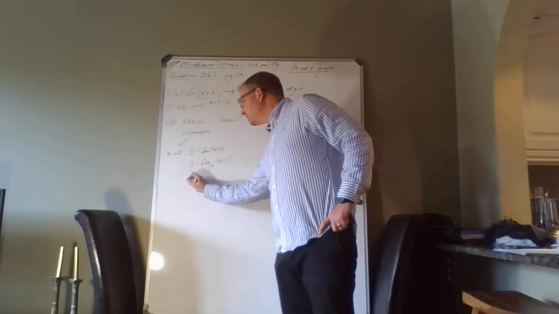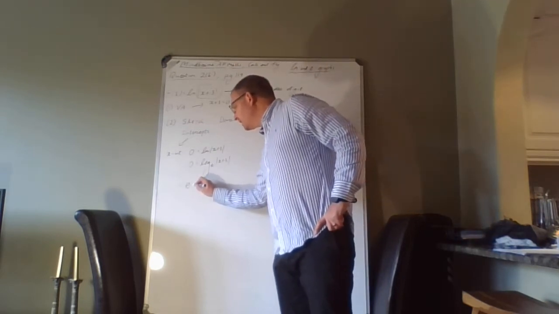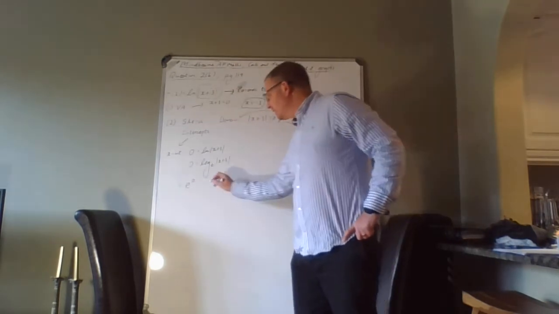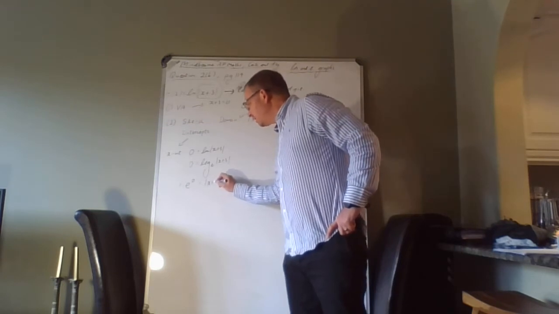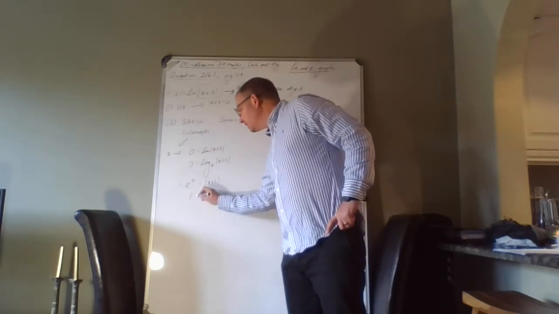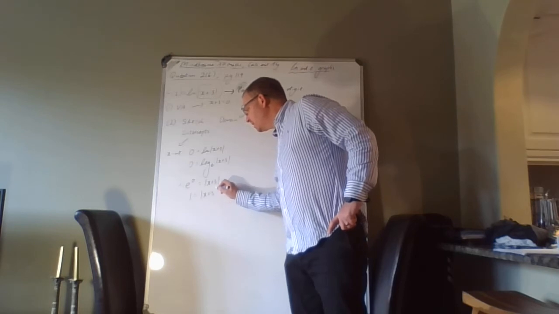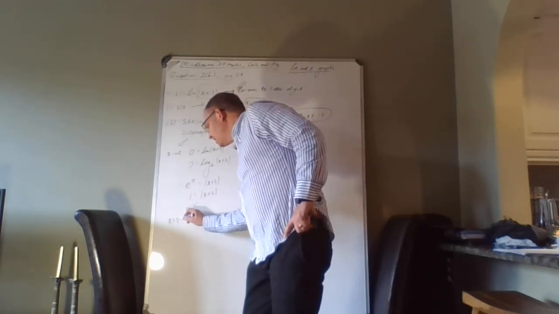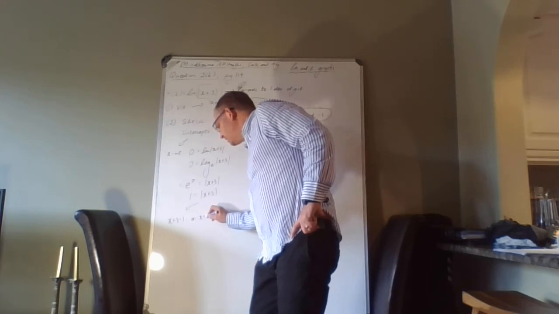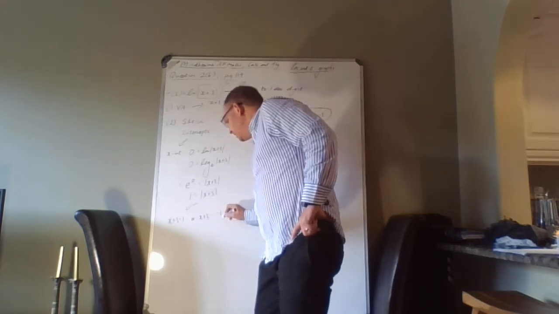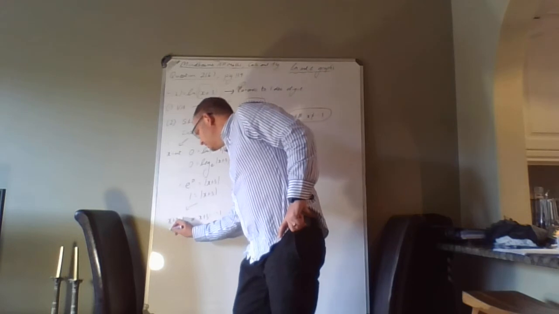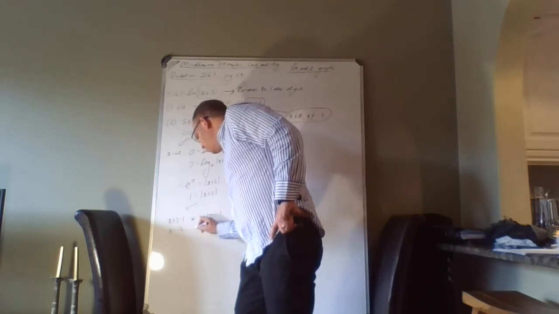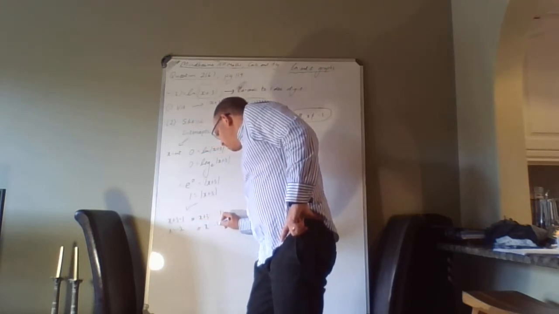If I change that to exponential form, I get e to the 0 is equal to the absolute value of x plus 3. So 1 is equal to the absolute value of x plus 3, which implies that x plus 3 is equal to 1, or x plus 3 is equal to negative 1. So x is equal to negative 2, or x is equal to negative 4.